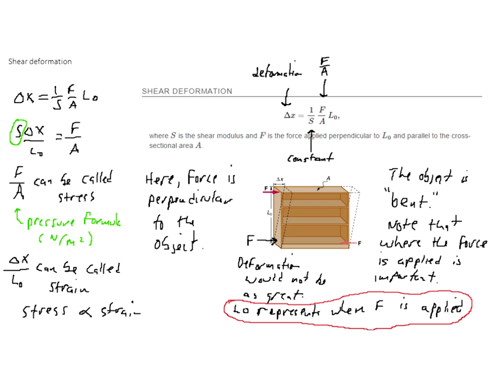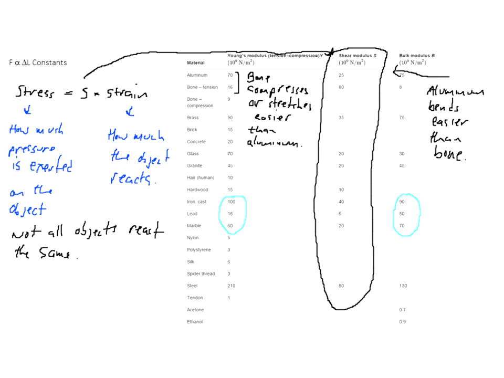Sometimes that force is perpendicular to the object. The relationship is still the same. All the dependencies are the same. It just uses a different constant. Just because something is difficult to compress compared to another object doesn't mean it's difficult to bend or shear compared to another object. So aluminum and bone are a good example of that.